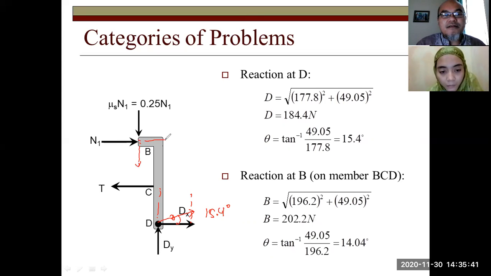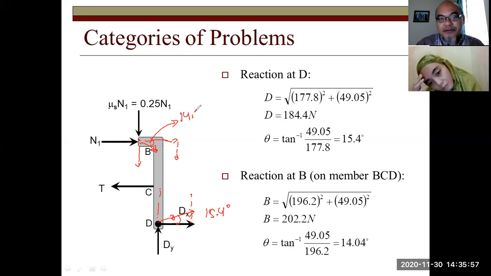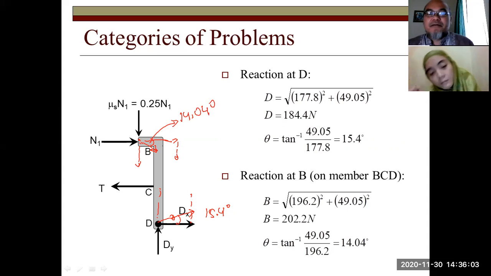If we extend this way, the arctangent of this over this becomes 14.04 degrees. So you have to be able later, when you solve such a problem, to redraw the reaction force and the direction and the magnitude of that reaction force.